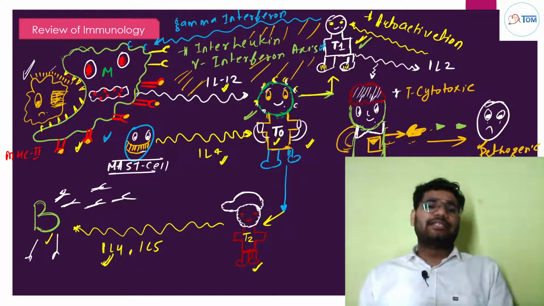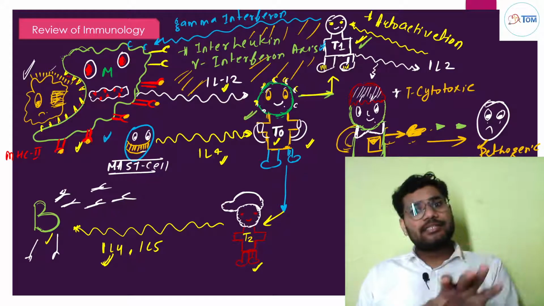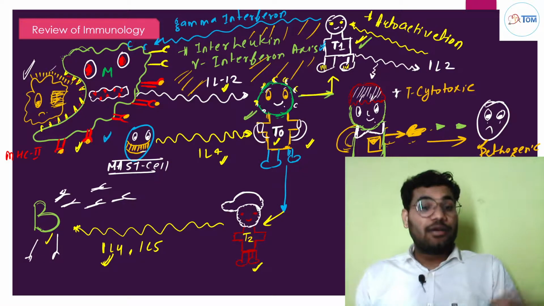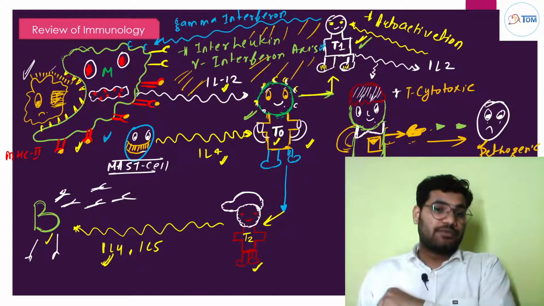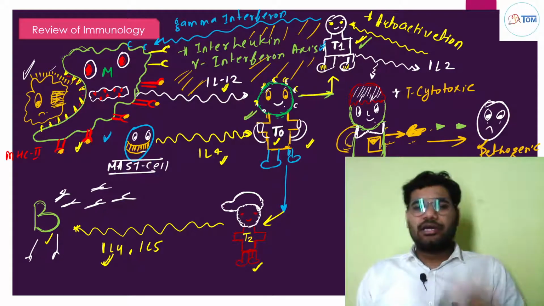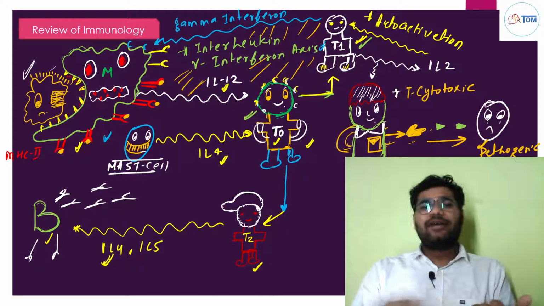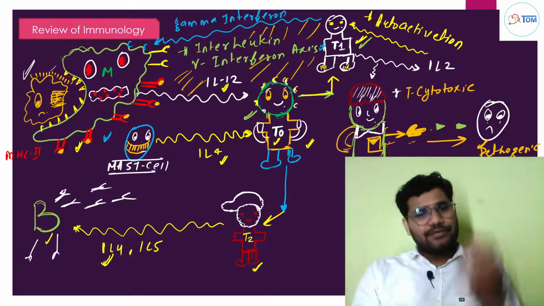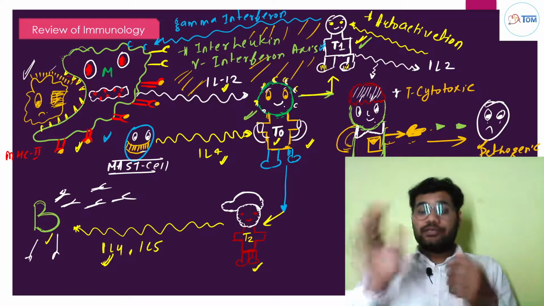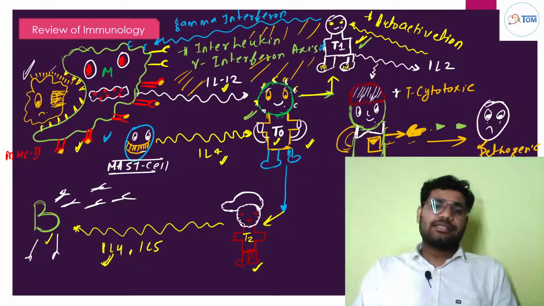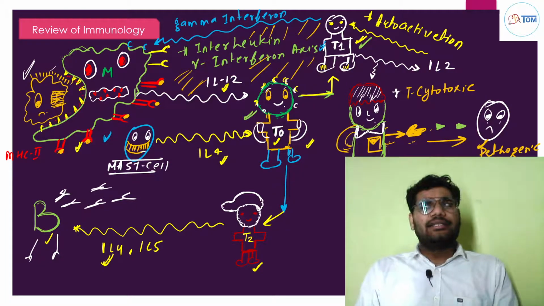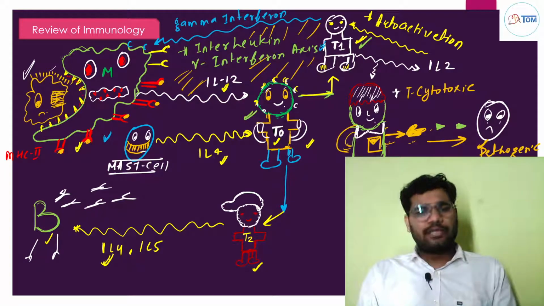Don't worry, in the future lectures you will realize why acquired is specific. I'm sure you are now aware that innate is non-specific, because innate, including the macrophage, attacks all foreign pathogens, no matter whether it is a bacteria, virus, or whatever. And if I talk about immunoglobulin or antibody, which is a defense mechanism of acquired immunity, then the antibody is specific toward a pathogen.